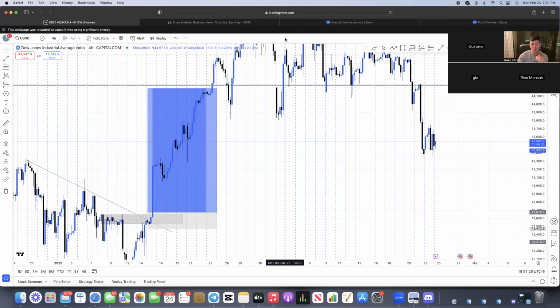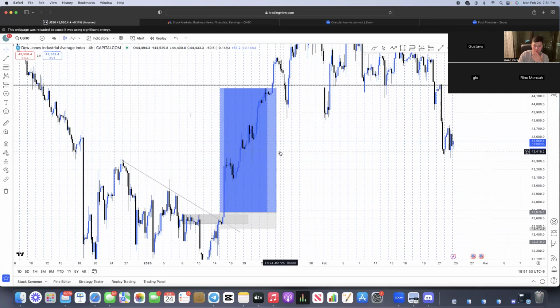We are risking 200 points to win 1,522 points. So basically, we are saying, okay, I'm willing to risk 200 points in order to win 1,500. So that's a 1 to 7 risk to reward ratio because we are willing to risk one to make seven. I hope you understand. If you know what I mean.